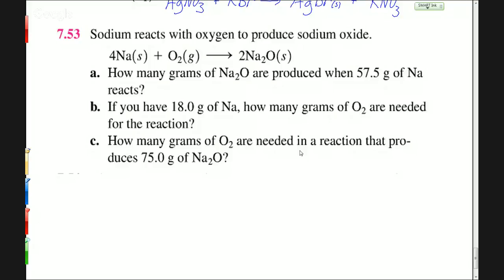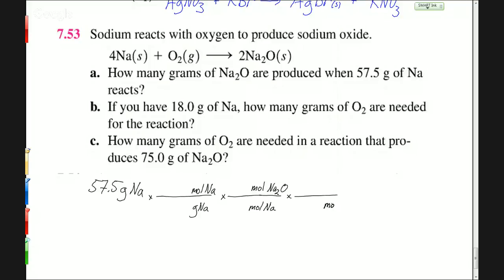All right, so let's take a look at the basic technique here. We're gonna set it up just like before. 57.5 grams of Na. And we're gonna convert grams of Na to moles of Na using the molar mass, and then moles of Na to moles of Na2O.